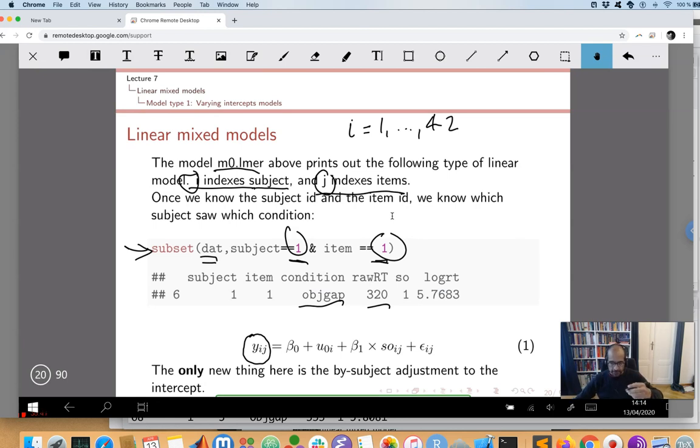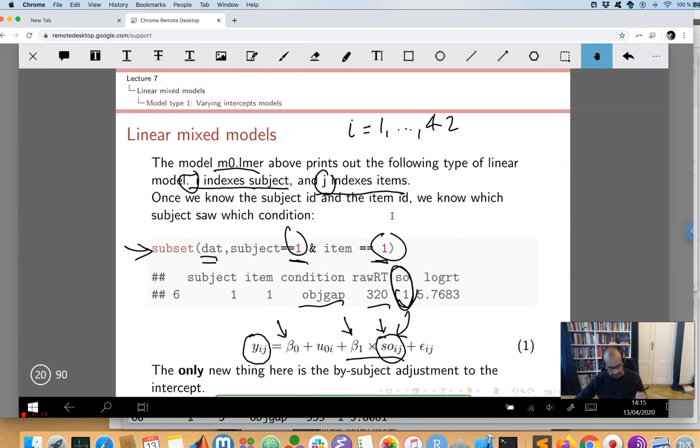The estimated reading time for a particular subject reading a particular item will be represented by the grand mean intercept beta 0, the grand mean slope beta 1, which represents the relative clause effect, and which condition I'm looking at can be identified by specifying the I and J IDs. Okay, so I just look up the first subject's first ID, and I know if I look at this term here, I know whether I'm looking at +1 or -1, so I can actually do this calculation and write either positive beta 1 or negative beta 1 depending on which condition it is.